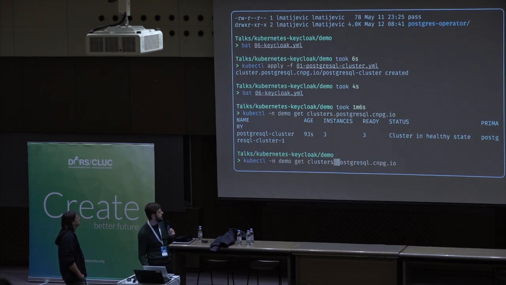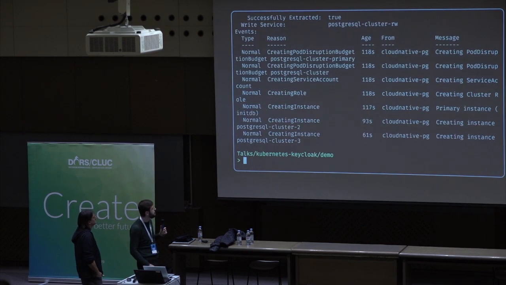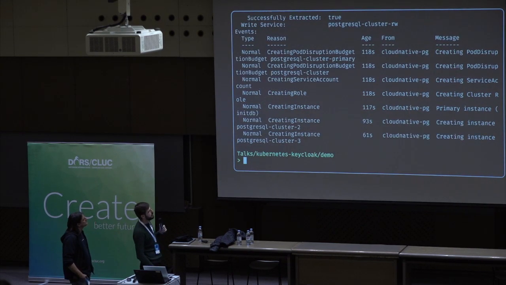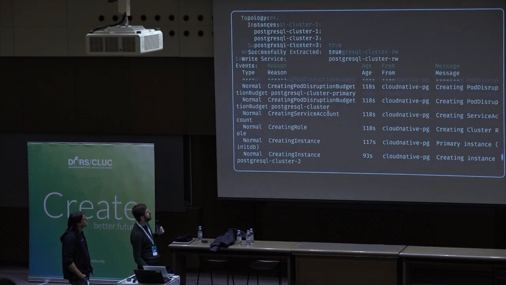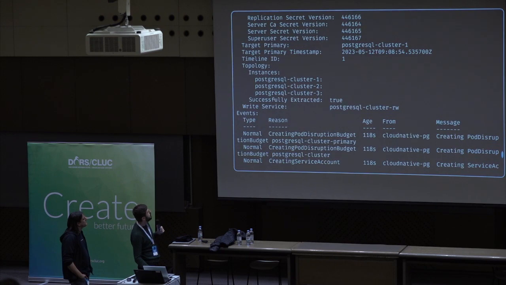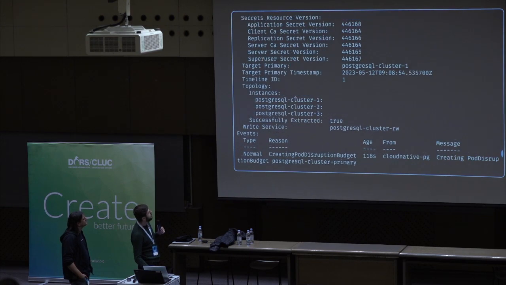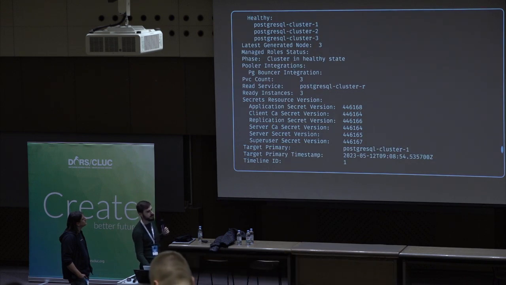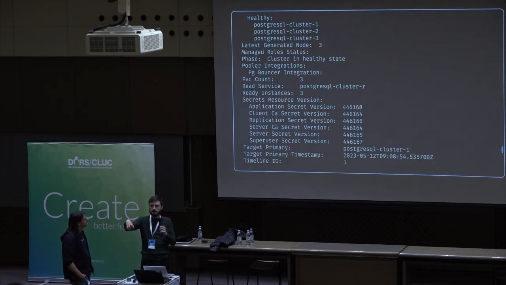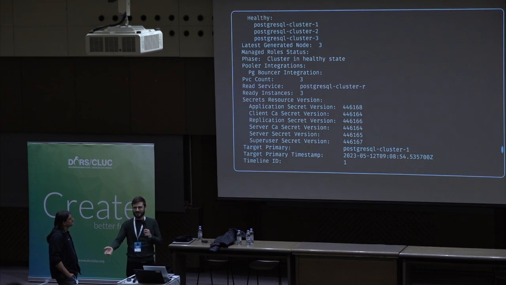Also, we can describe that. We will not use YAML. Okay, we can describe it. And we will see that we have something going on. It created a bunch of stuff inside our Kubernetes, and I can show you what it created. Also, we can see instances, we can see some versions of it, and all the stuff that the operator needs to operate that Postgres.